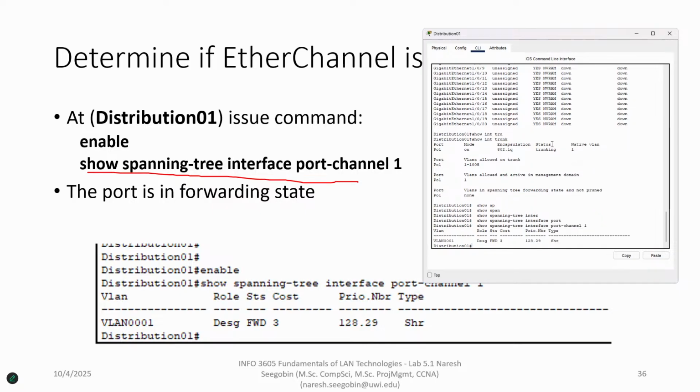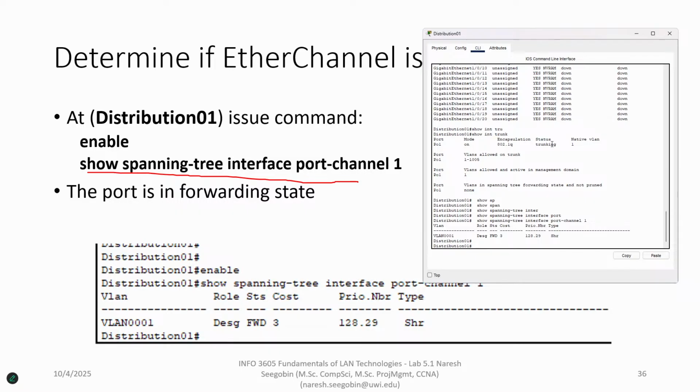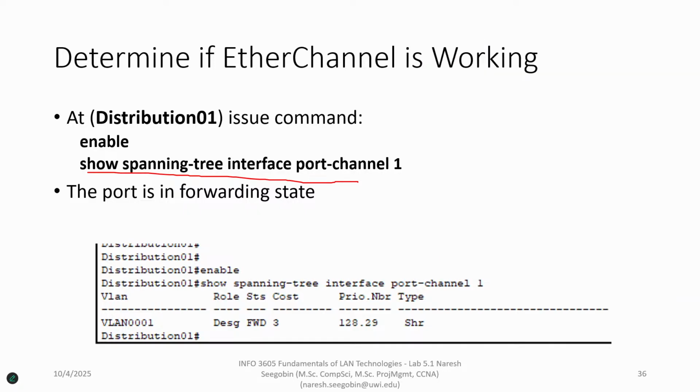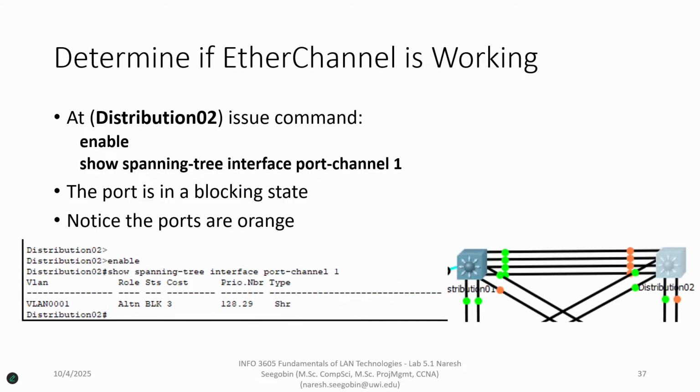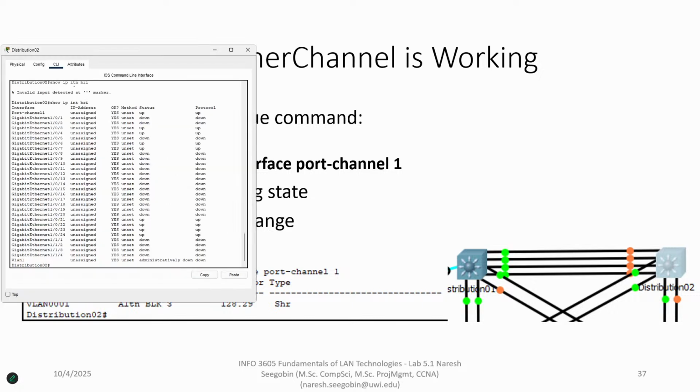Interface port channel 1. Port is in forwarding state. Now we repeat the process of the block state. Right, so we have to fix this problem. Right, so with this 2.